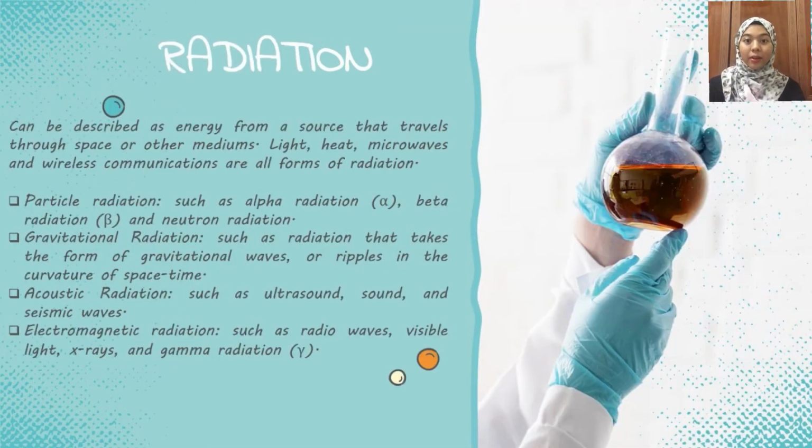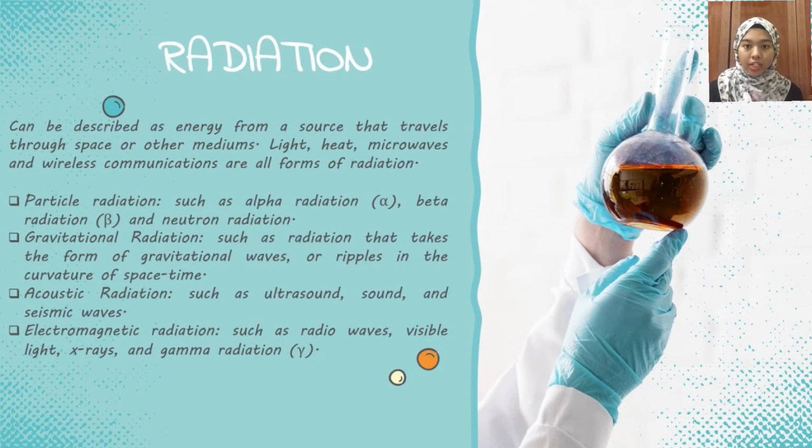Now I will tell you about radiation. Radiation can be described as energy from a source that travels through space or other mediums. Light, heat, microwaves, and wireless communication are all forms of radiation. These include the following. First, particle radiation, such as alpha radiation, beta radiation, and neutron radiation.